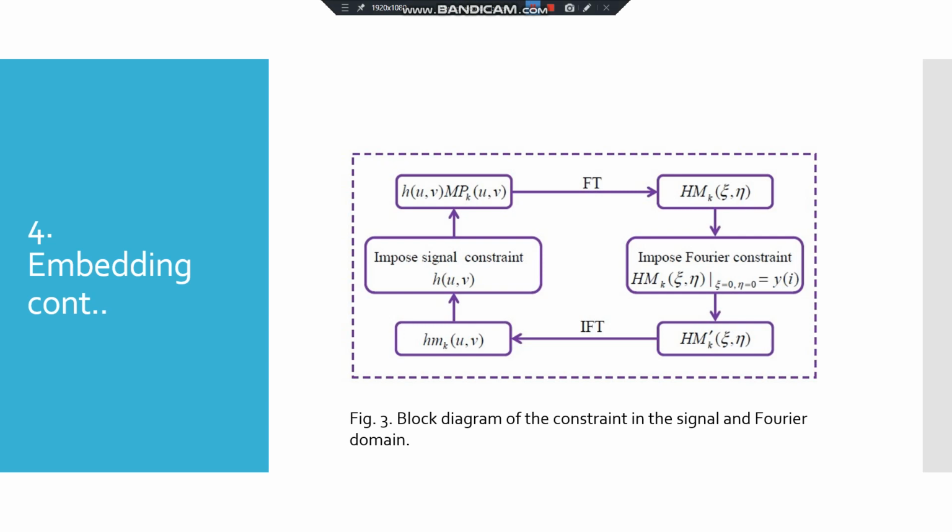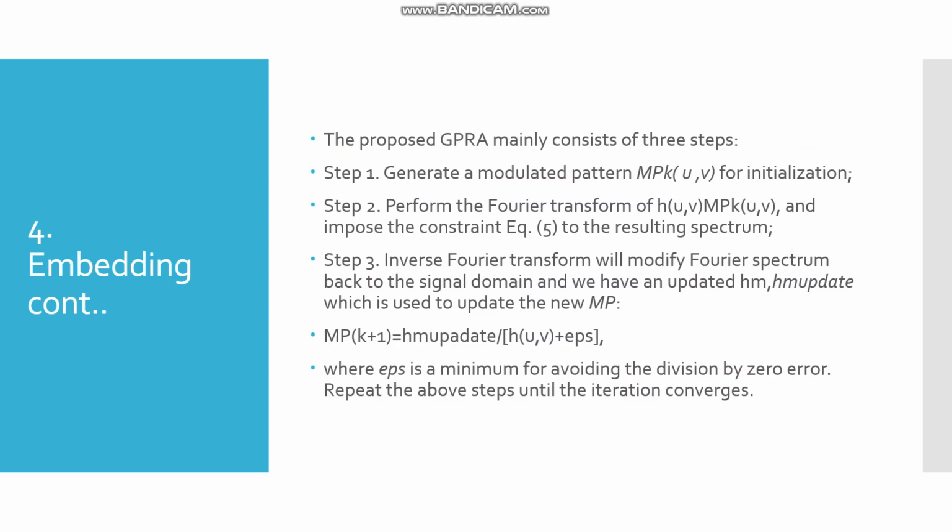Here, the spectrum domain is converted back into the signal domain, and this repeats to the kth time in the equation. So here are the three steps which I explained in the earlier diagram, and after that, it's the formula to find the k plus one iteration of the modulated wave pattern. Here, TPS is just a constant, the minimum constant for avoiding the division by zero error.